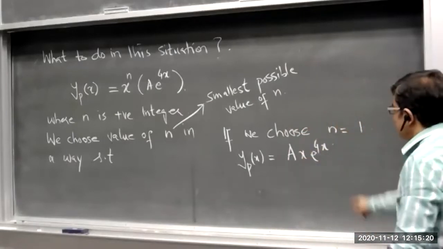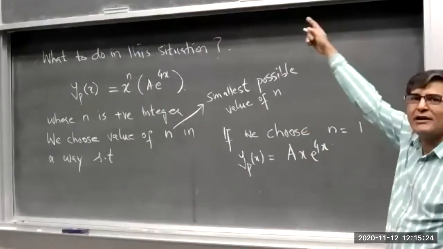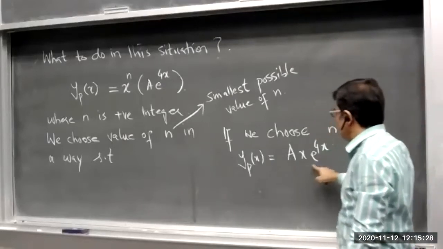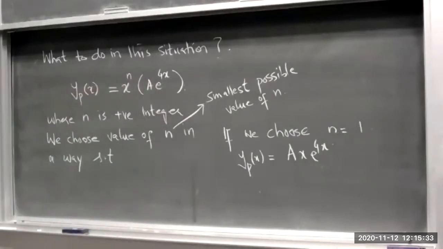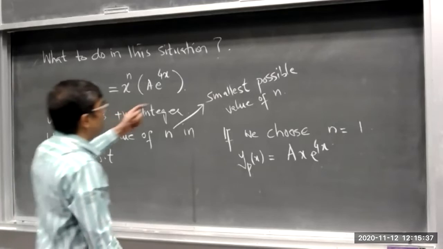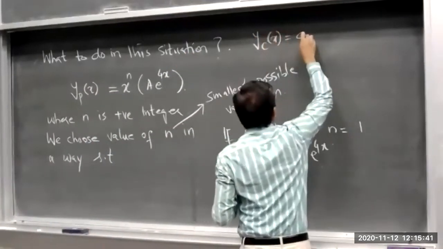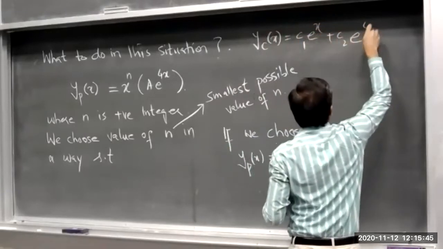Now, you can see that this solution is not present in the complementary function, which we have already calculated. So this assumed solution is now different from the solutions which are already present in the complementary function. What was the complementary function? It was yc = c1 e raised power x plus c2 e raised power 4x.